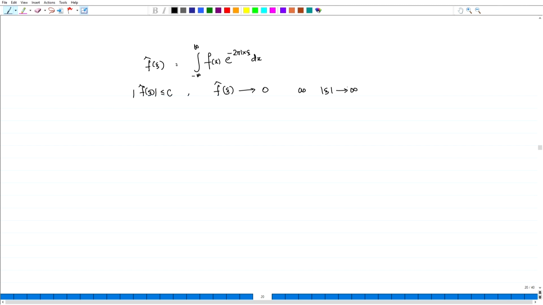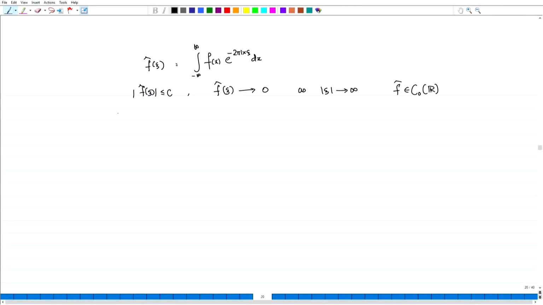We are assuming f to be continuous, then actually f hat is also continuous. In other words, f hat belongs to C 0 of R, the set of all continuous functions which vanish at infinity.